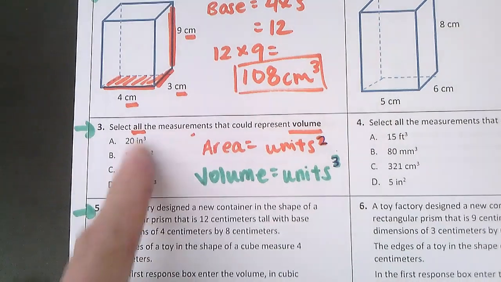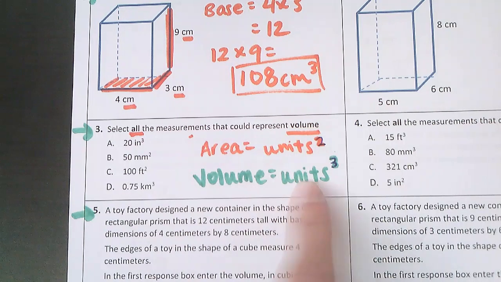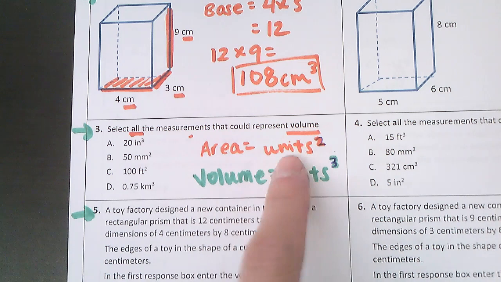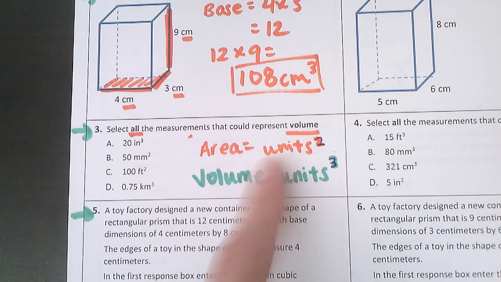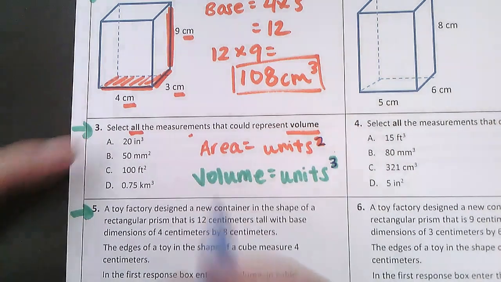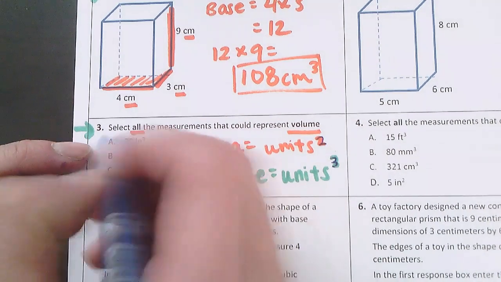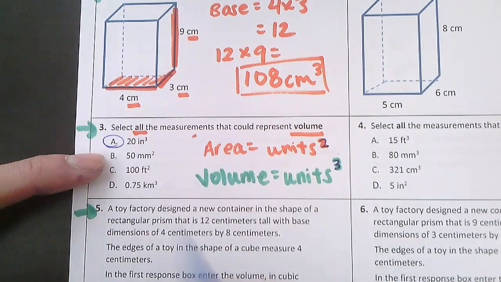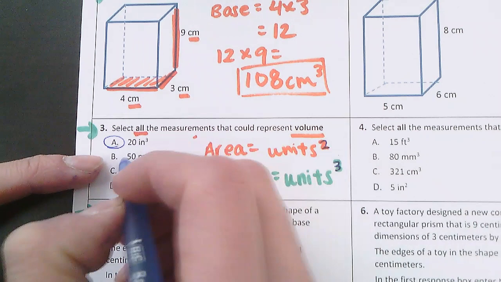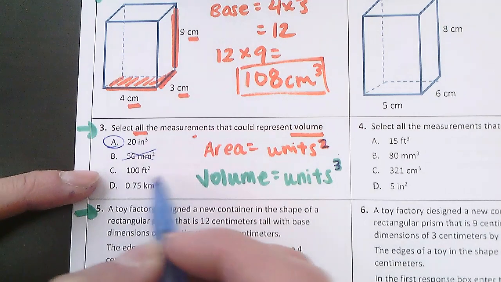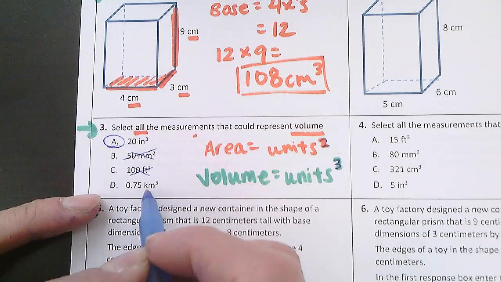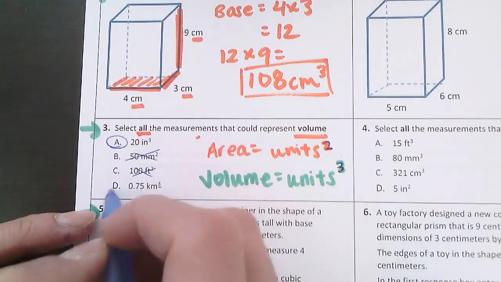All you have to do is go through these answer options. If it's units cubed with a 3 at the end, then you're talking about volume. If it's units squared with a 2 at the end, you're talking about area, which is 2D, but you want 3D for volume. For example, 20 inches cubed works because it's cubed. 50 millimeters squared is area, so that one doesn't work. 100 feet squared doesn't work either, we want cubed. 0.75 kilometers cubed, with a 3 at the end, works.